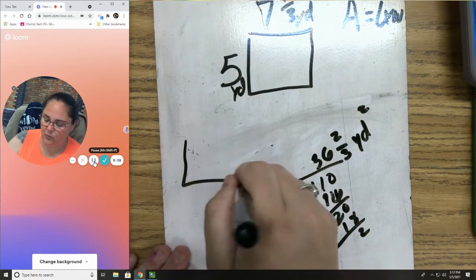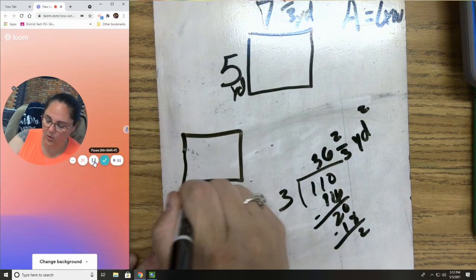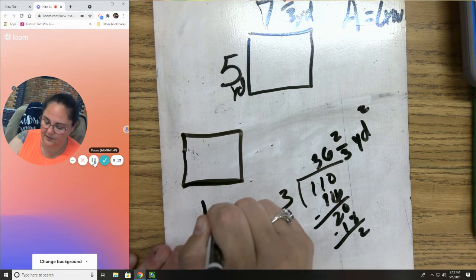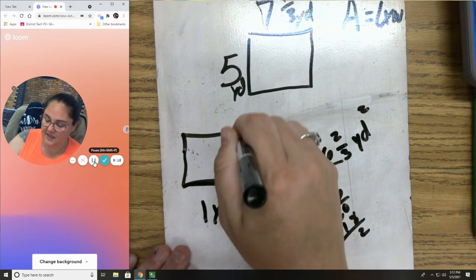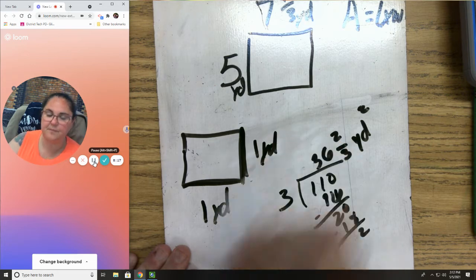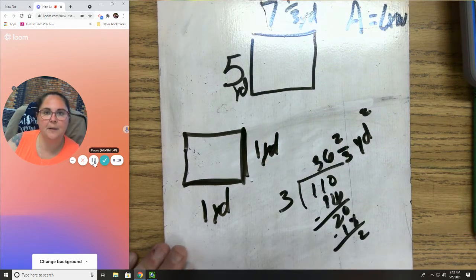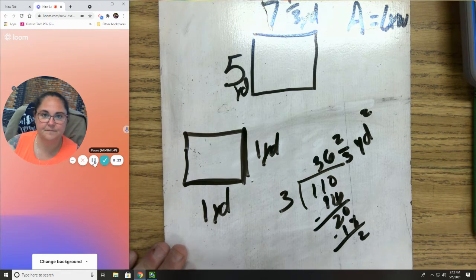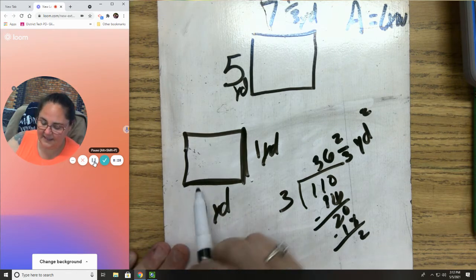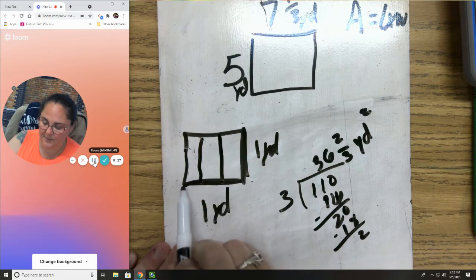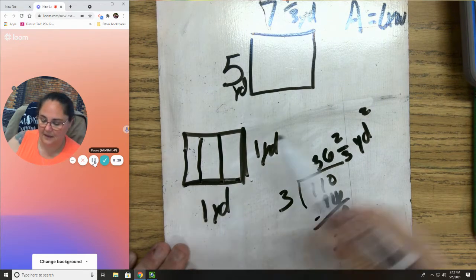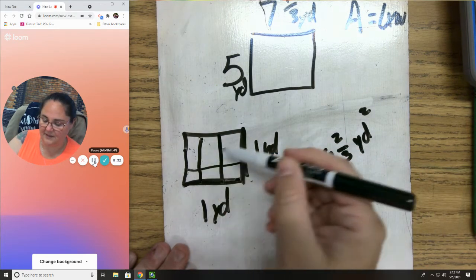I know that if I have 1 square yard, if this whole side is 1 yard, and this whole side is 1 yard, if I need to convert it to feet, you don't just multiply by 3. Technically, I separate the yard this way by 3, but then I also separate it this way.